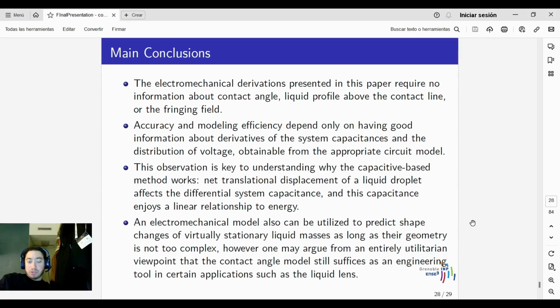The last conclusion that we can see is that this electromechanical model can be utilized to predict shape changes of virtually stationary liquid masses, as long as the geometry is not complex.